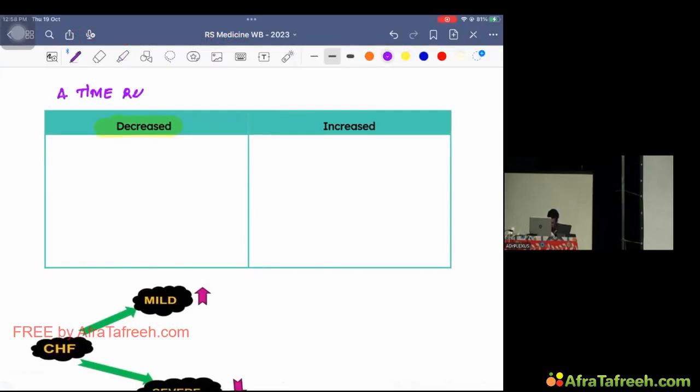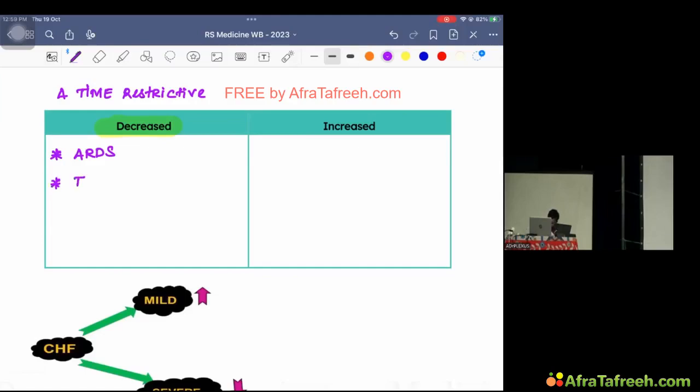Whenever your alveoli are getting filled up, for example ARDS, DLCO will be decreased.